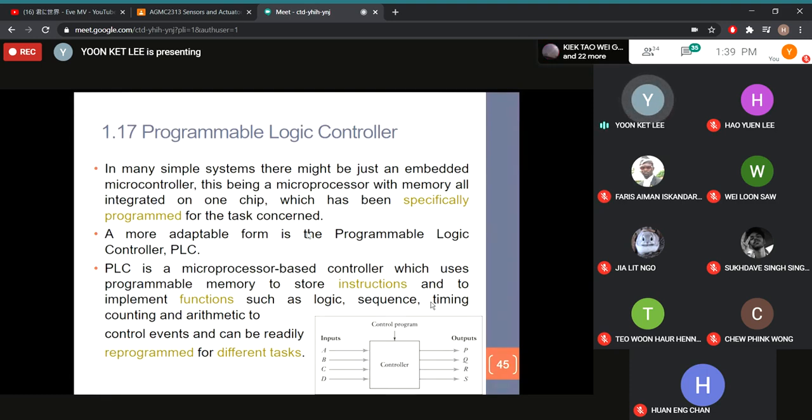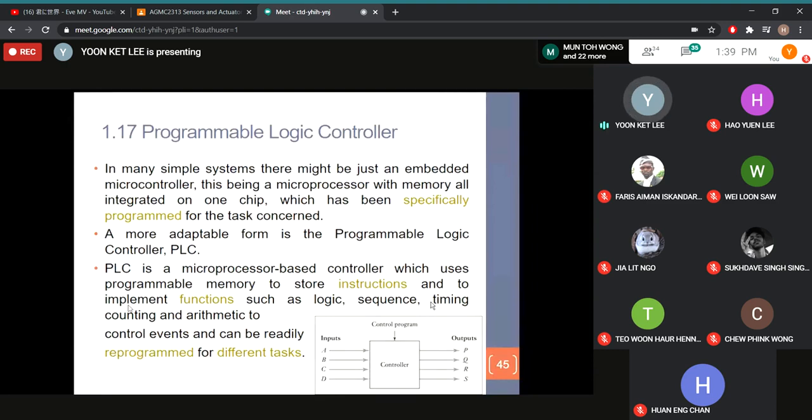So a more acceptable form is the programmable logic control, PLC. Okay, PLC also is a microprocessor-based controller with programmable memory to store the instructions. The instructions here will be your program.